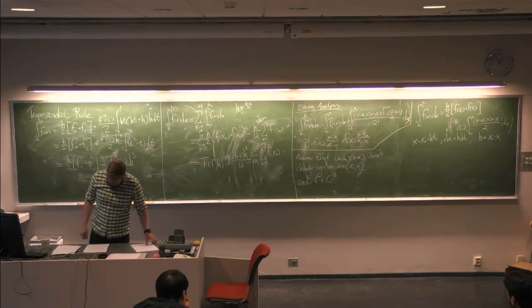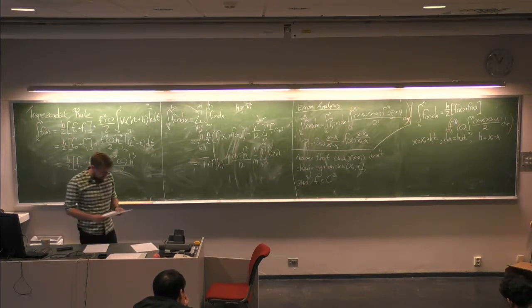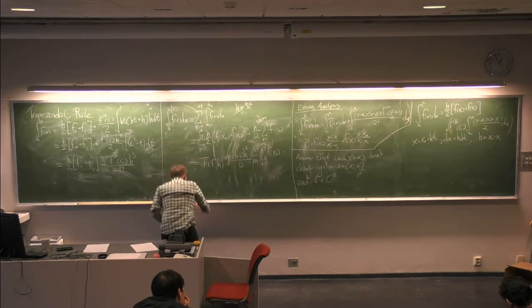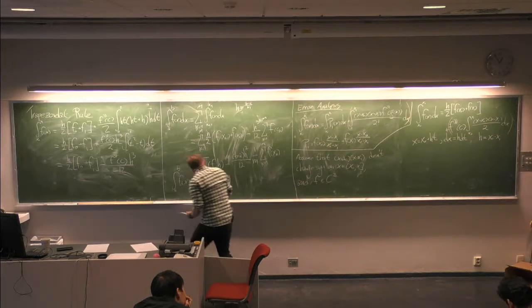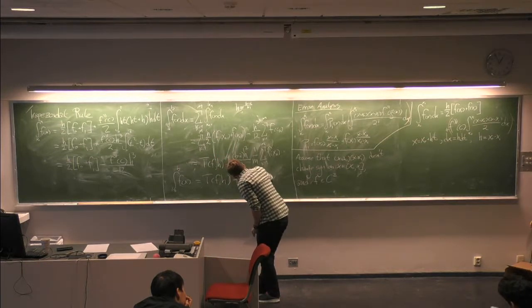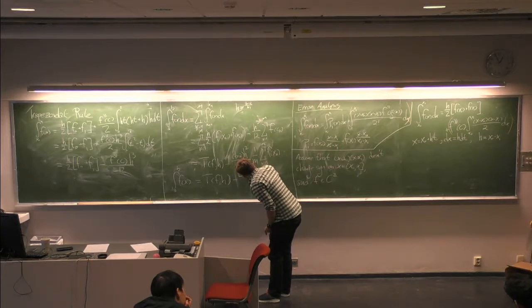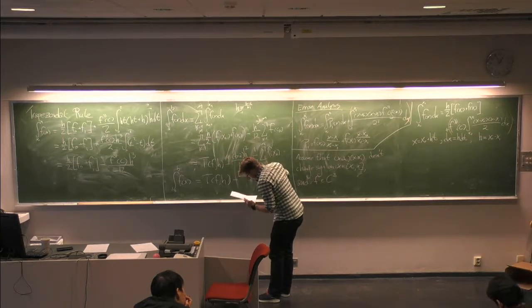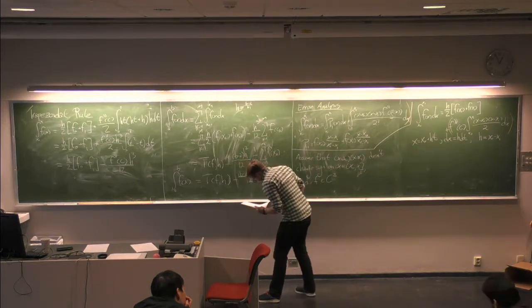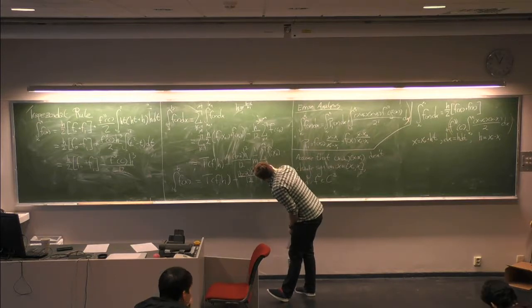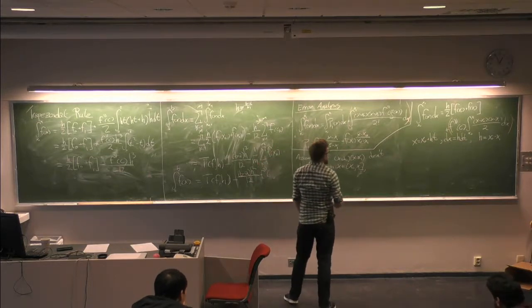Or just some number xi. So we say that we have the integral from a to b of f minus the trapezoidal approximation equals h squared over 12 times f double prime at, or I used xi, didn't I?